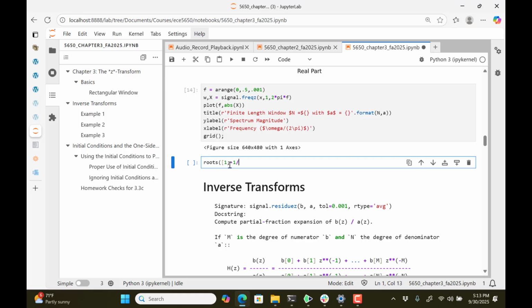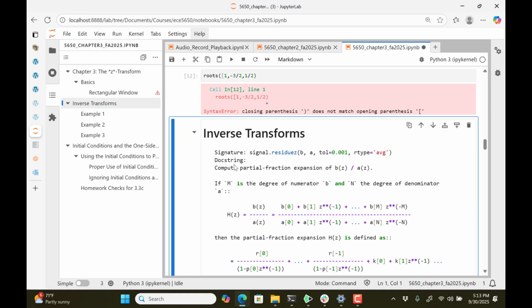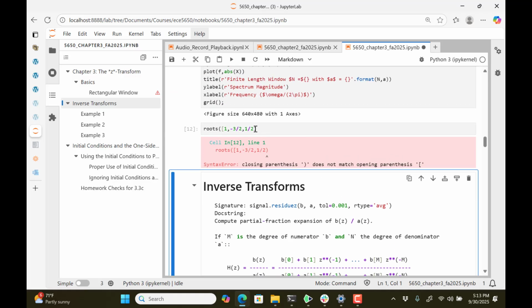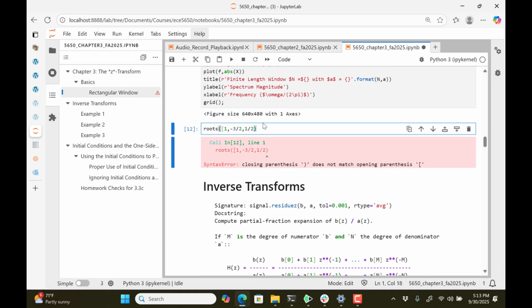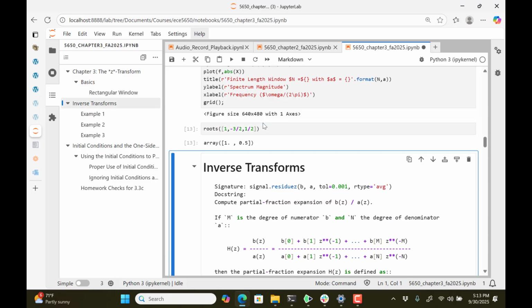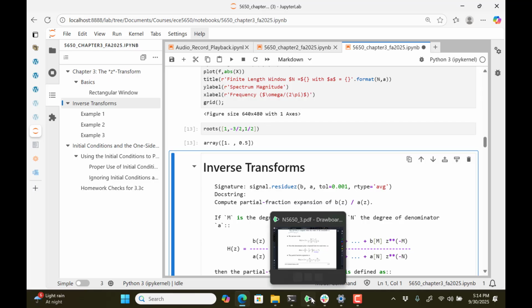What is it, minus 3 halves? Oops, forgot that. Put a bracket there. Okay, so the roots are at 1 and 1 half, which is what we have over here.